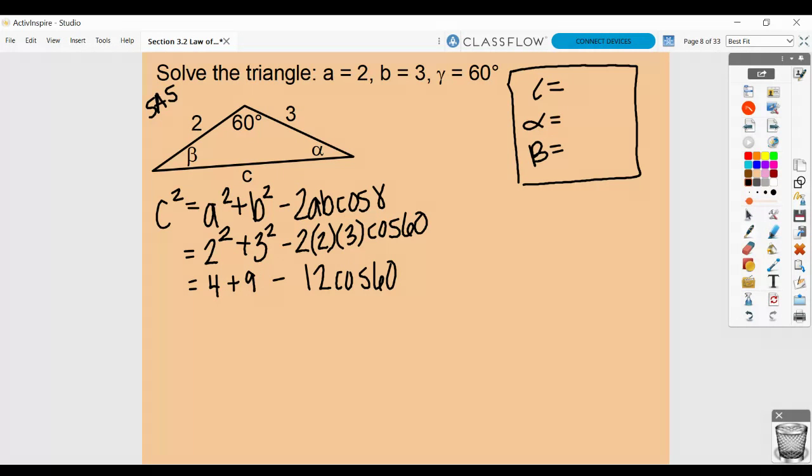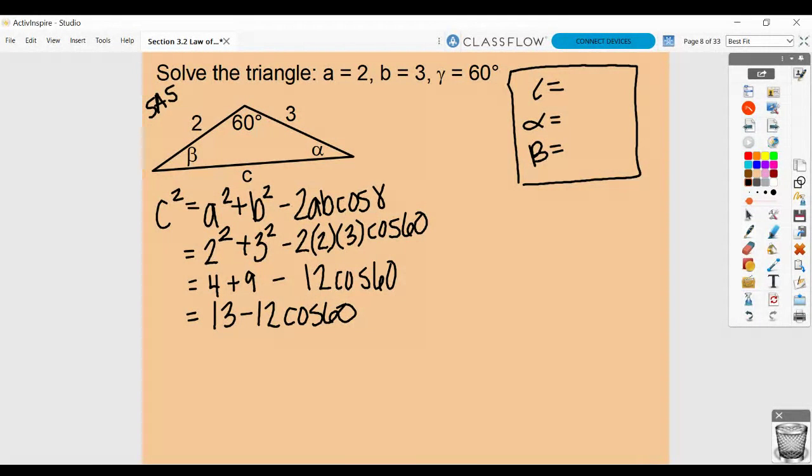I'm very leery about calculators, so you can do the 4 plus 9 and get 13. Okay. At this point in time, you could put this into your calculator. If you do not and you keep going, just make sure you pay attention to the order of operations because you want to probably do the 13 minus 12 first, but you can't because this is multiplying. But you very well could put this into your calculator.